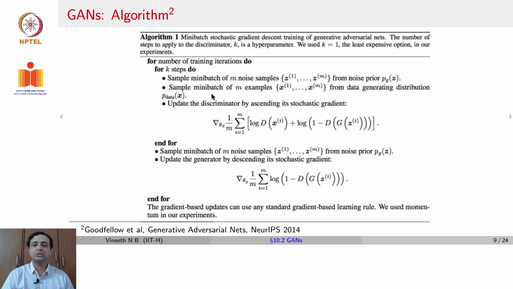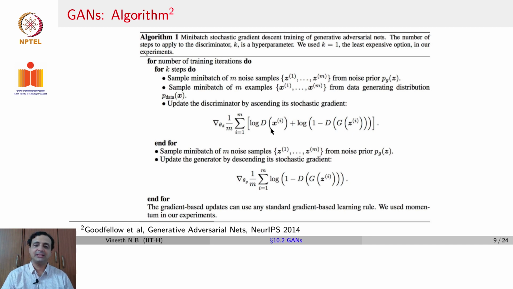Similarly, we also sample a mini batch of m examples from the original data distribution P data, which is your training data. Now remember, your overall objective is log of D of x plus log of 1 minus D of G of z. And remember that the discriminator wants to maximize both of these. That's what we said so far.